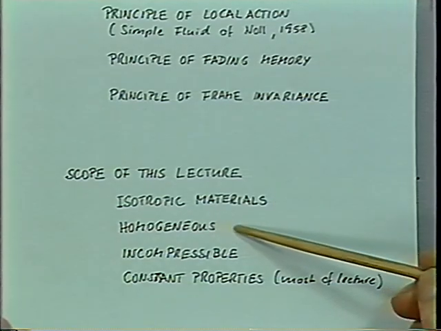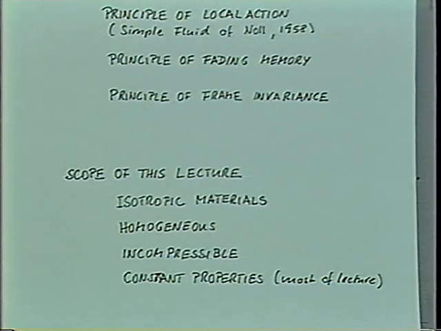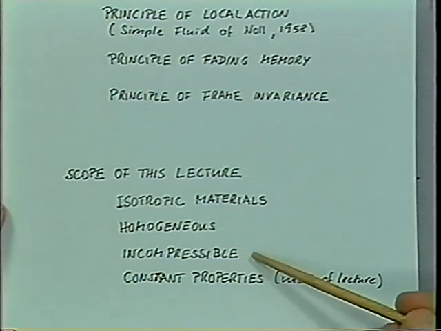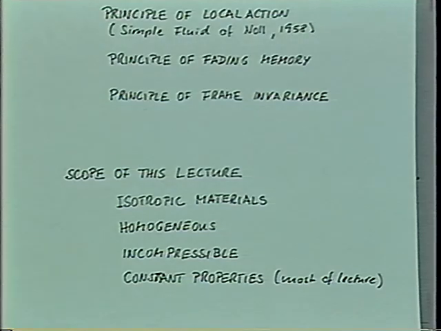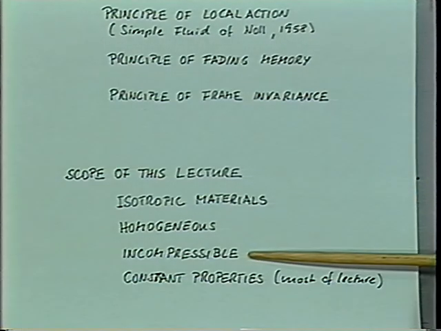We will assume that the material is homogeneous. That means that any composition fluctuations are at much smaller length scale than the size of our sample. We treat the material as incompressible, which simplifies the strain measures. We can calculate things much more easily. And then we also eliminate thermodynamics.